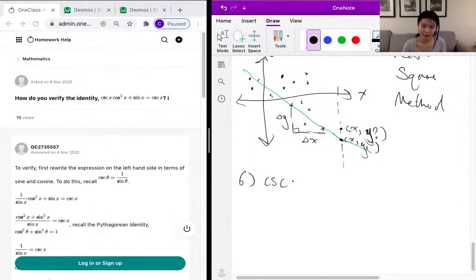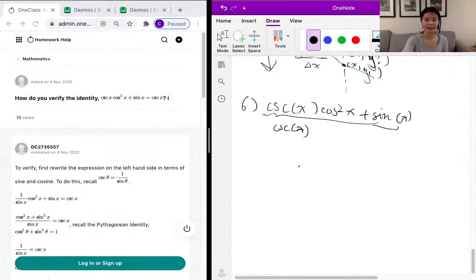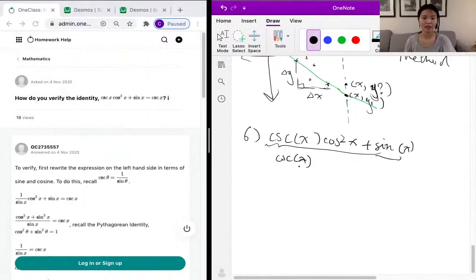So in this case, we'll start with cosecant of x cos squared x plus sin x, and we're trying to simplify the left side to get it to equal the right side of the equation. We're basically trying to get this side to equal cosecant of x in the end. And this is how we verify this identity.